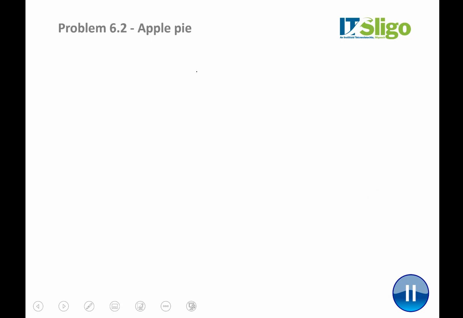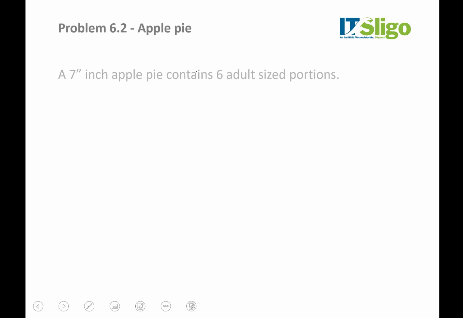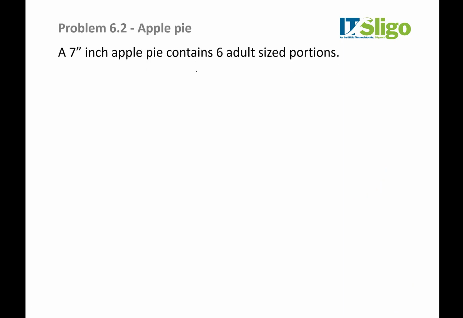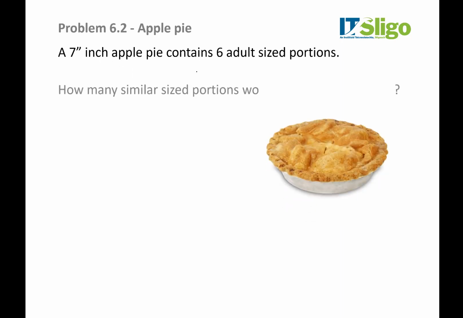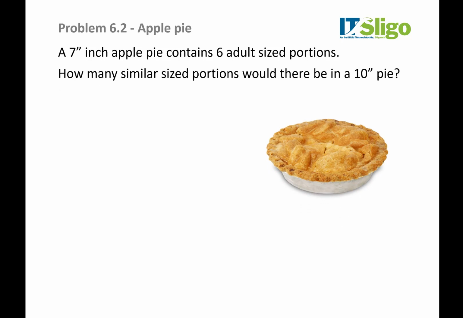Another one, similar, exact same maths, just different scenario. 7-inch pie contains 6 adult size portions. And assuming the portion size is the same, how many would there be in a 10-inch pie? So again, you can just use that formula there.